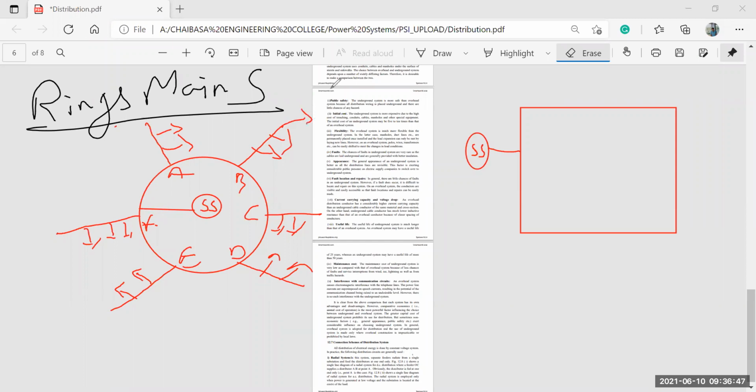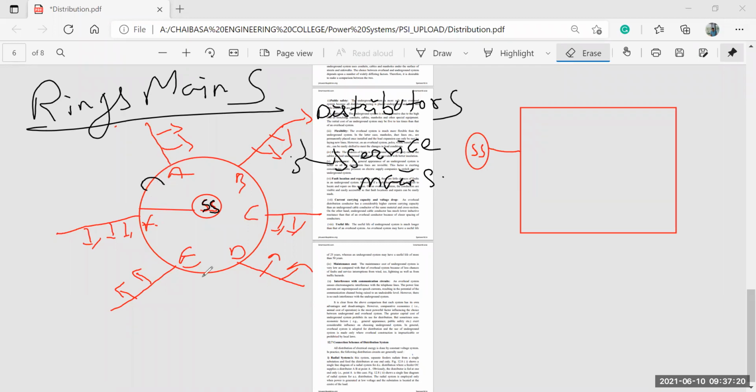These are the distributors. These are your service mains. And this over here is your substation. Now, in this, this is your feeder. This particular point is the feeder.